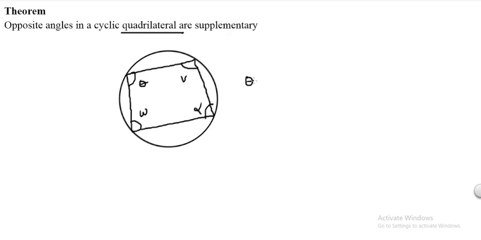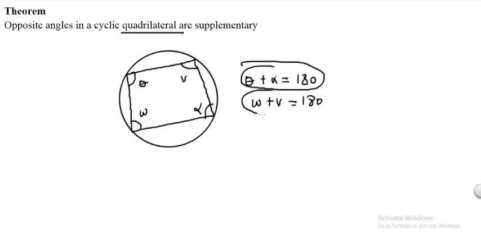So theta plus alpha will be equal to 180. And it also means that the opposite angles w plus v will also be equal to 180. So anytime you have a four-sided shape like this inside a circle, if you sum the opposite angles, it is equal to 180.